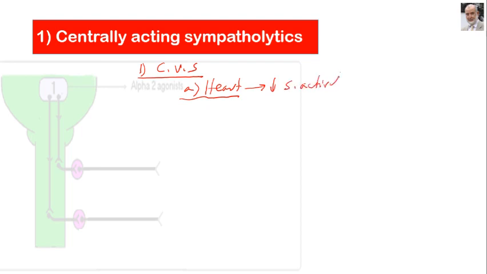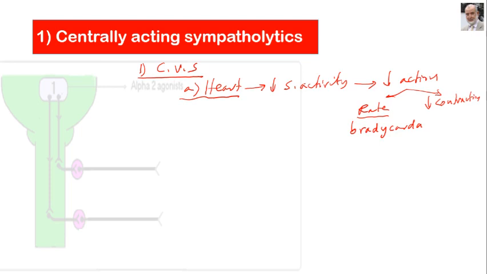Decreased actions of the heart, including rate. The rate of the heart will be decreased. This will produce bradycardia and decrease force of contraction. So these drugs can produce bradycardia, and they can decrease contraction.